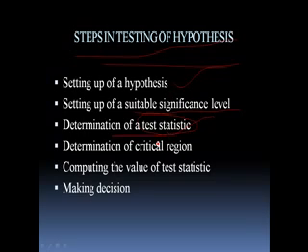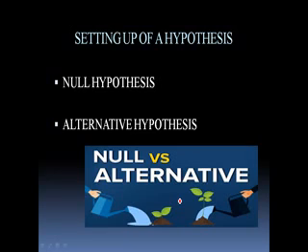Now let me speak about the null hypothesis. This is a hypothesis of no difference. Like I said, if we take the example of two different sections of a particular class, suppose 10th standard, with 20 students from each class, then in the null hypothesis we say there is no significant difference between the ratings obtained from section A and section B. So this will be our null hypothesis.